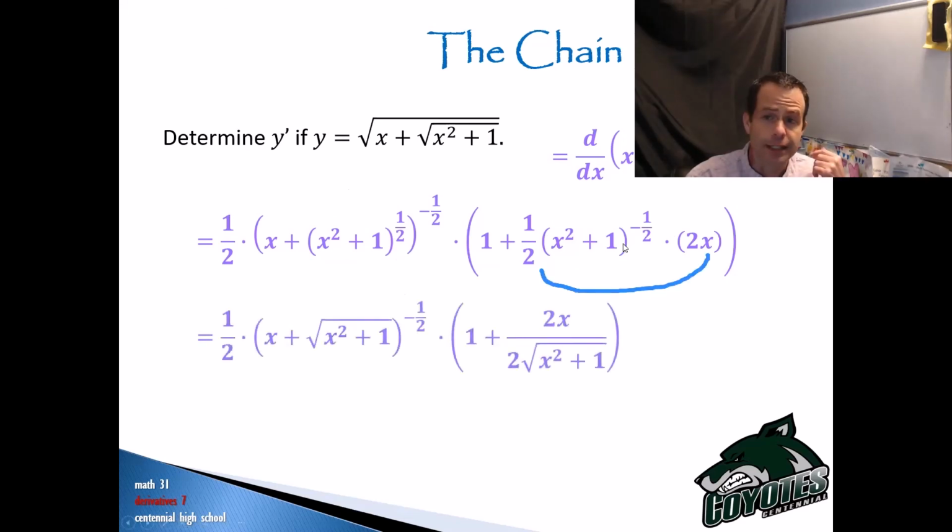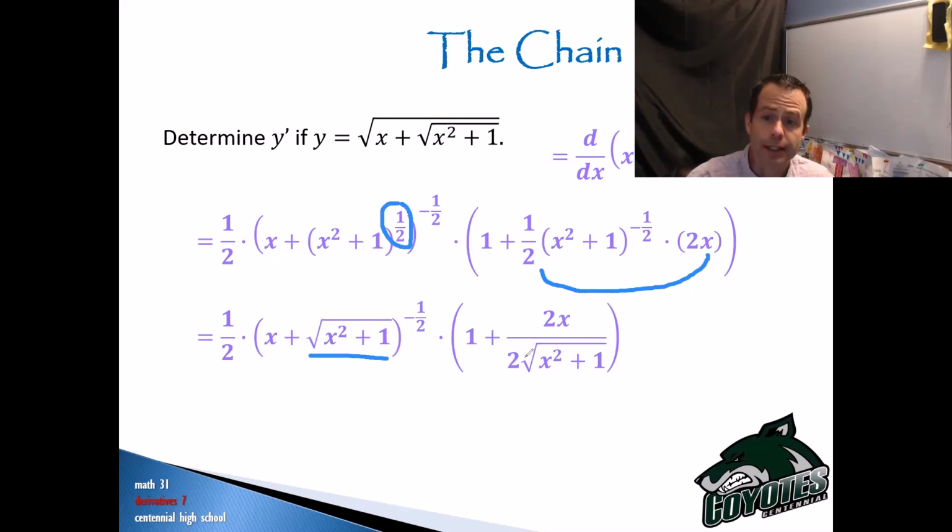And then the other thing I did here was I took my x squared plus 1 to the negative 1/2, and I brought it underneath, okay, and called it a root. Now, the next thing to do, just so that you're all with me, I also called this guy a root as well. That's where that one came from, okay?